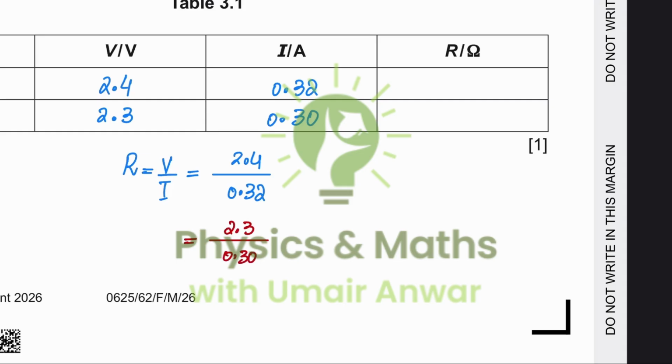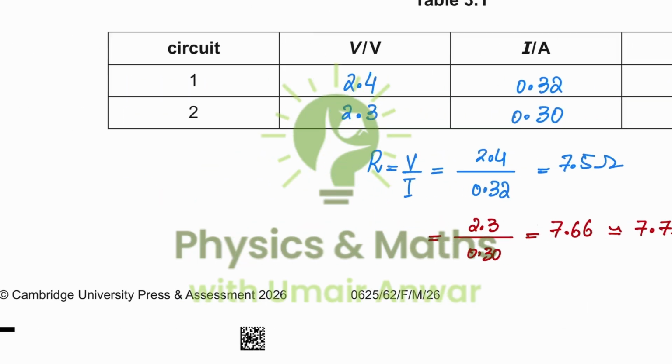The first answer gives a value of 7.5 ohms, so I'm writing 7.5 over here. The second one gives 7.66, which when rounded off to 2 significant figures would become 7.7 ohms.